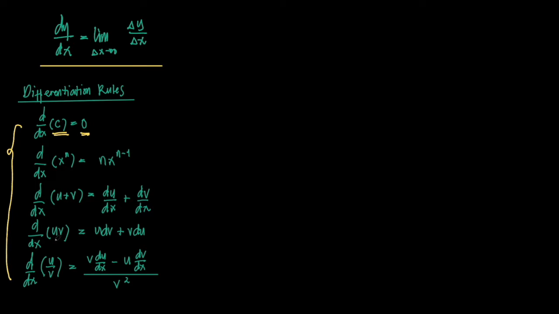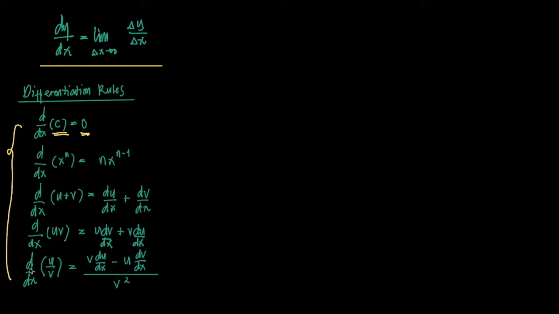The next one is the product rule. If we differentiate the product of two functions where u and v are still functions of x, the result would be the first function times the derivative of the second function. I forgot dx here, so we have dx here. So the derivative of the second function with respect to x plus the second function times the derivative of the first function.